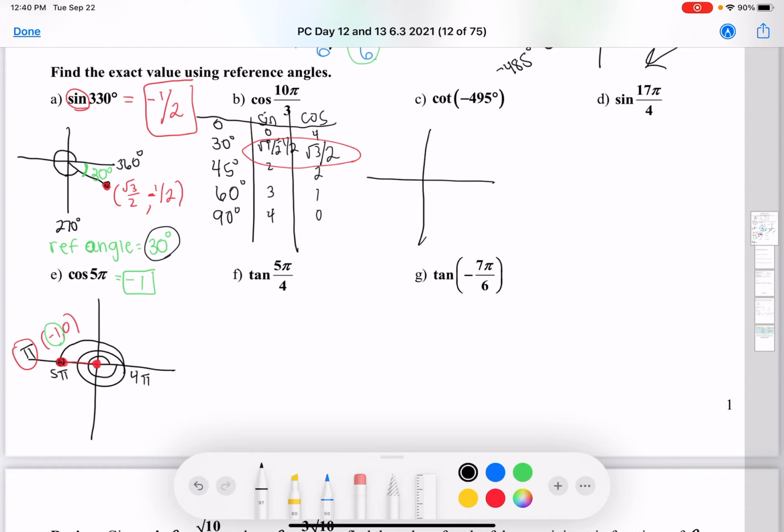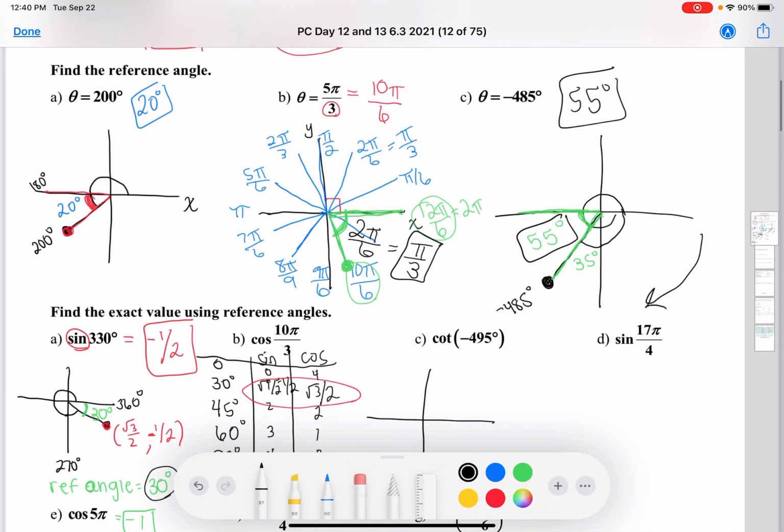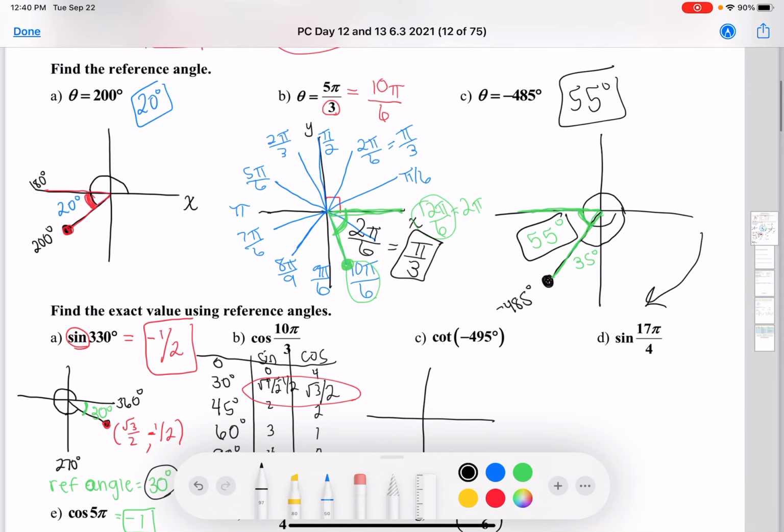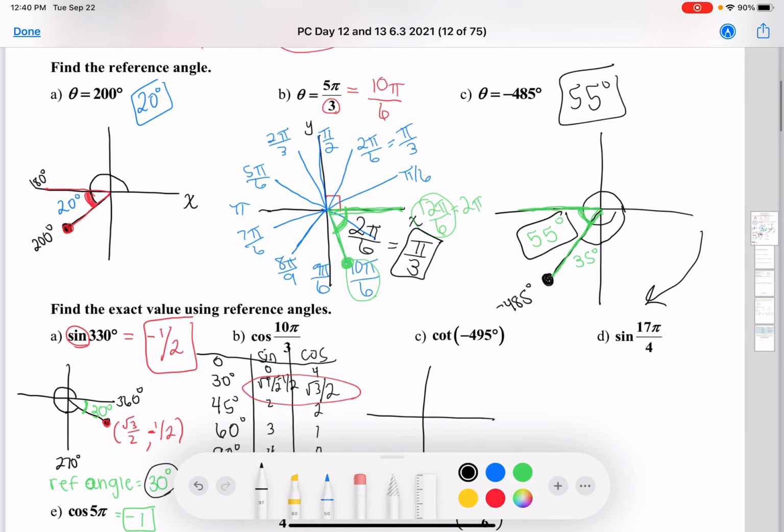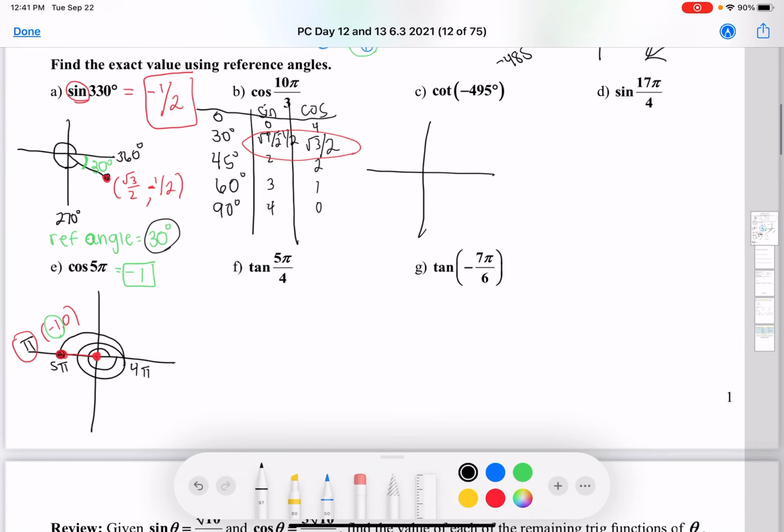x and y axis. If I go -495 degrees, think back to part C in the last section, that would be going clockwise, and you can kind of break it apart a little bit. If I start here on my x-axis, I go clockwise, well, a full rotation is going to be 360 degrees.